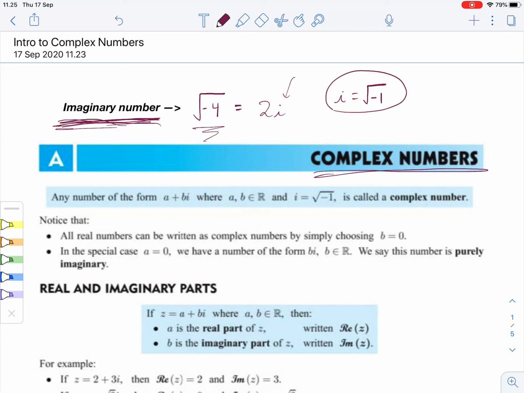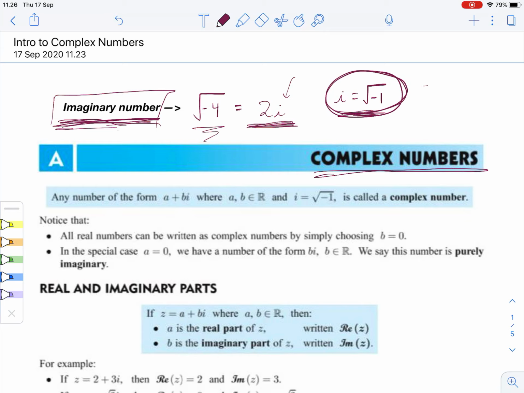This right here is the definition, basically the bedrock, the foundation for what an imaginary number is. So an imaginary number looks like this, 2i, where that i is equal to the square root of -1.